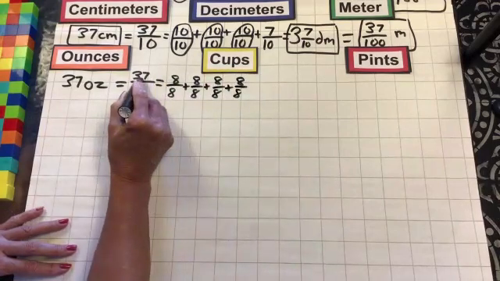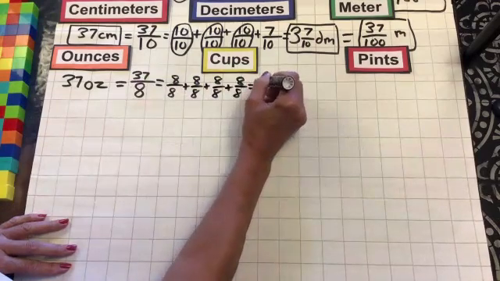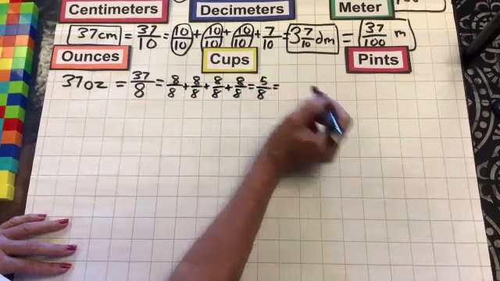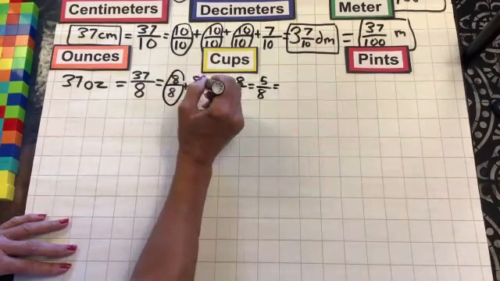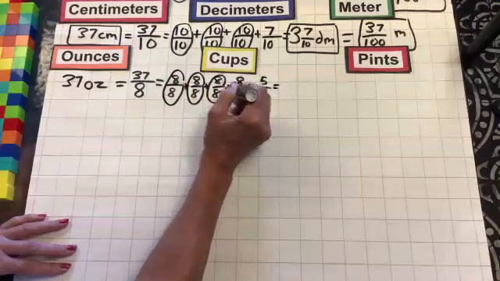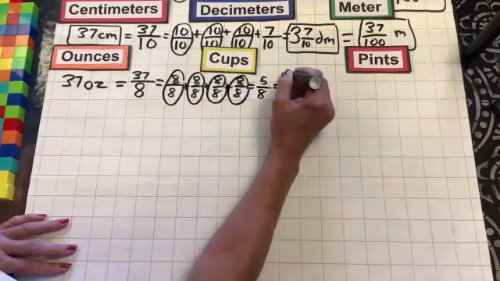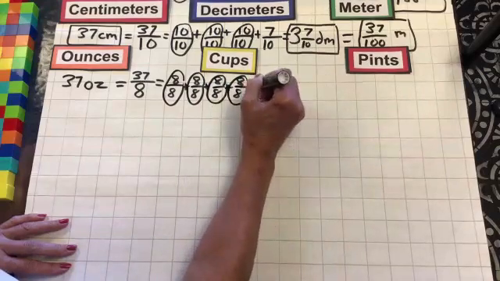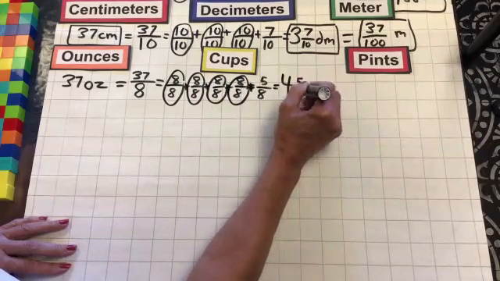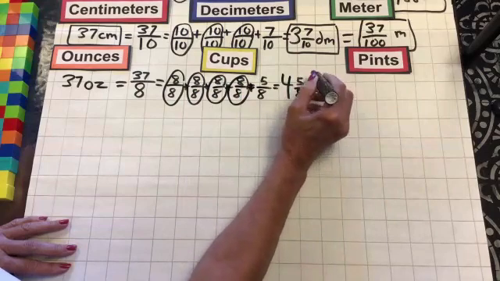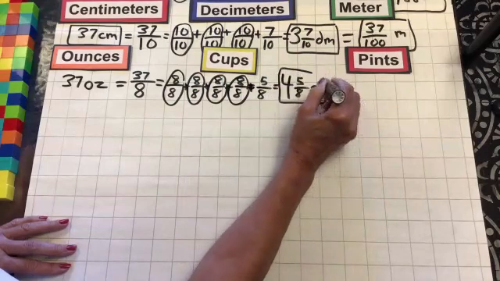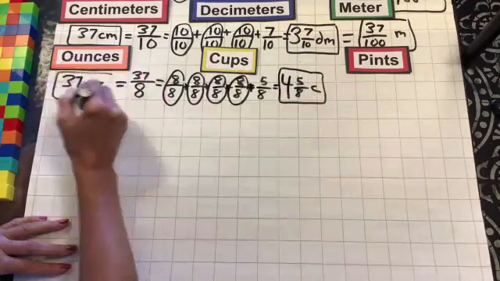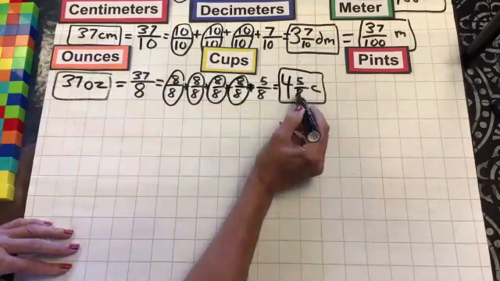And if we take 32 away from that 37, we still have 5 left. So we put 5 over 8. So we're talking 4 whole. Whoops, that's supposed to be an addition sign there. And 5/8 cups. So 37 ounces equals 4 and 5/8 cups.